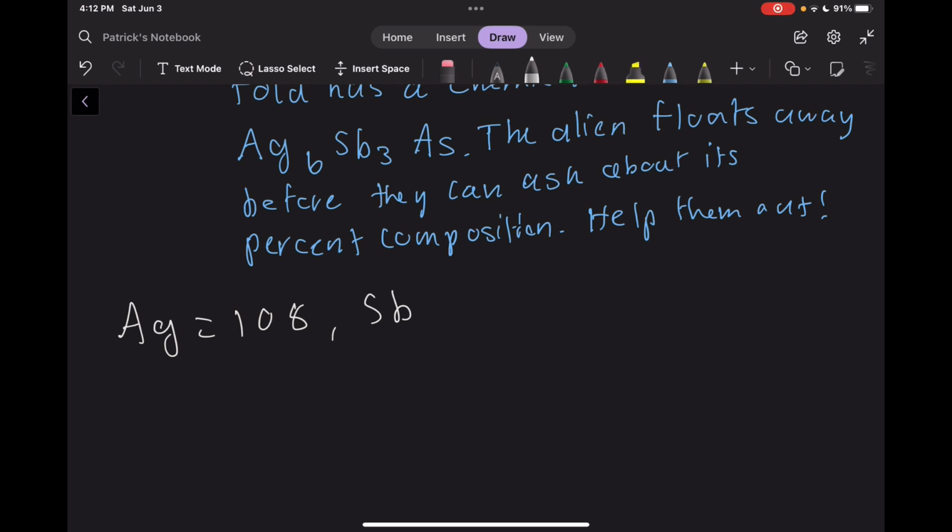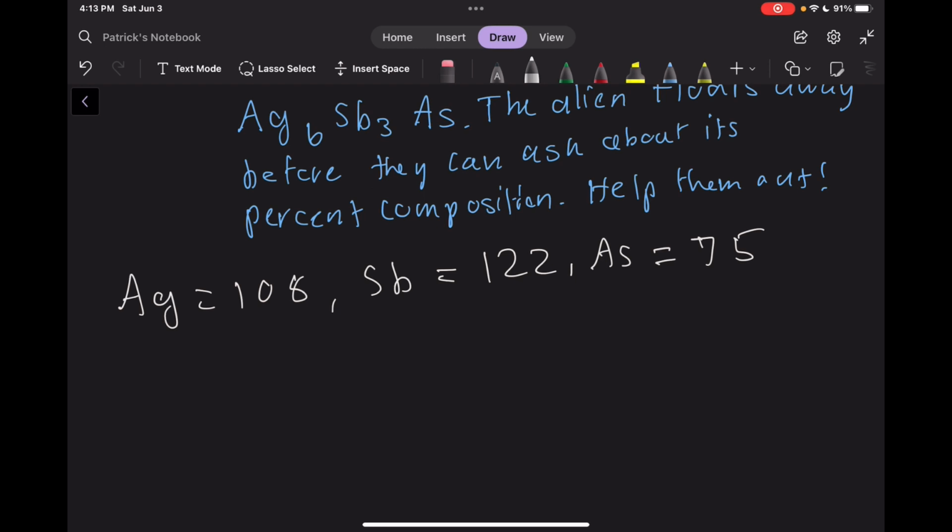Sb, or antimony, has an atomic weight of 122. Finally, As, or arsenic, has an atomic weight of 75. If we multiply each of these by their coefficients and add them together, we get a molecular weight or molar mass of about 1087 grams per mole.